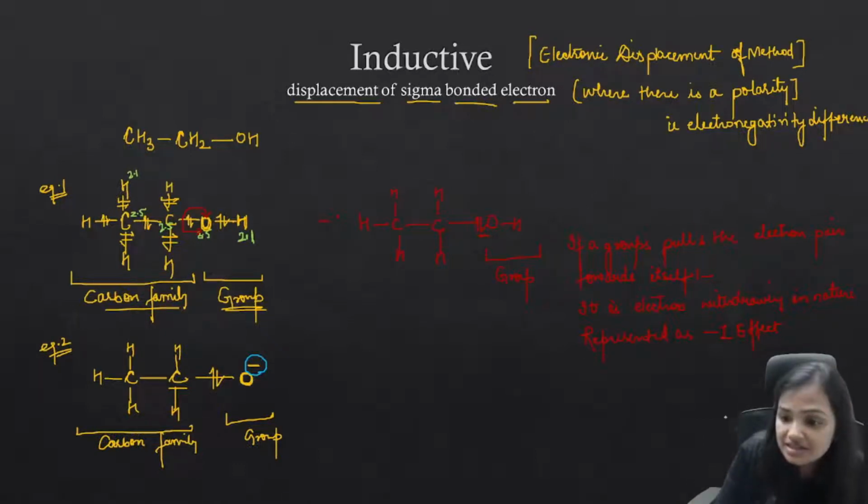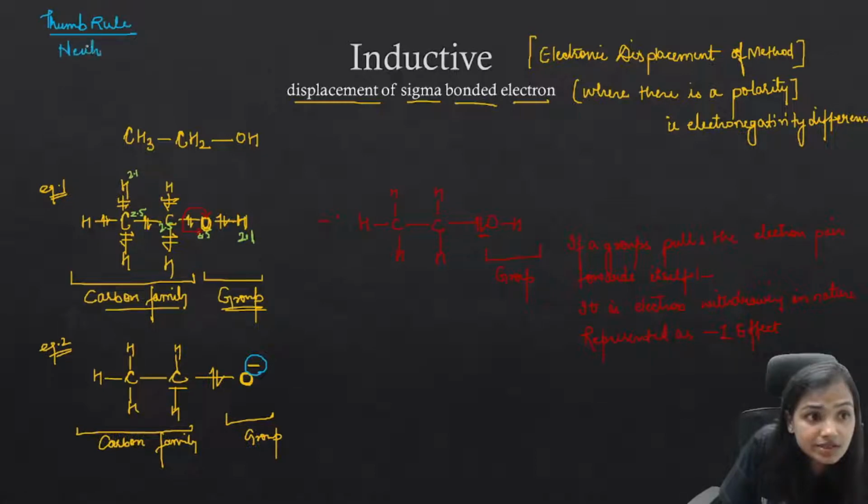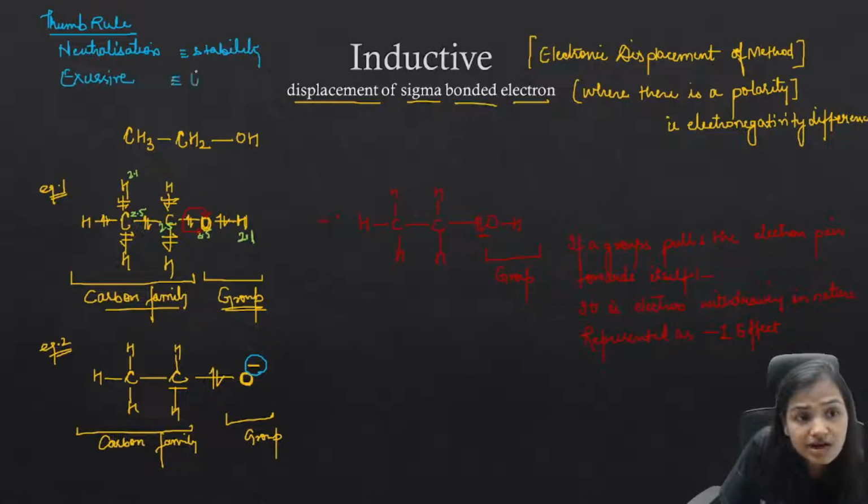So guys, please write down a thumb rule. The thumb rule is: neutralization leads to stability. And excess of charge leads to instability.